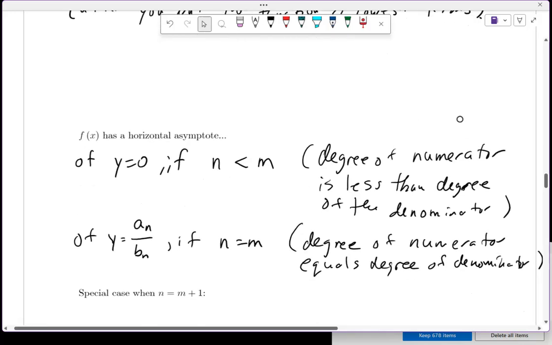So that's when we get horizontal asymptotes. If the degree of the top is less, it's 0. If they're the same, you look at the leading coefficients and divide those. Those are the two cases that we have. If the degree of the top is bigger, then we don't get a horizontal asymptote. We have none.